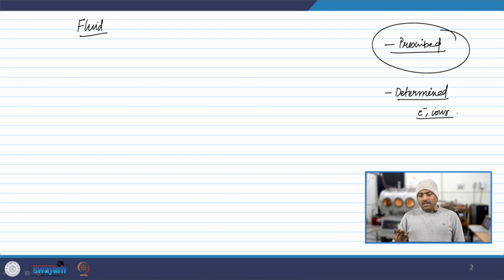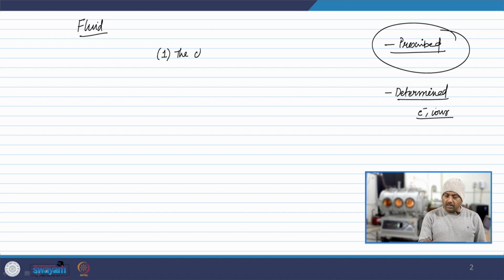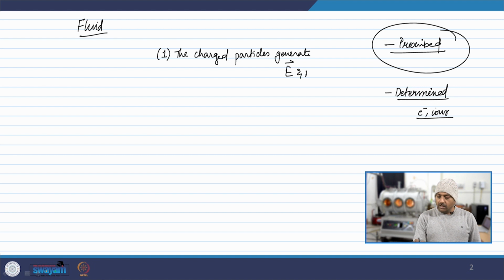Okay. So, that means that this problem of understanding plasma being a gas with charged particles needs to be self-consistent in two different ways. Okay. What are the two different ways? Let us say the first one is the charged particles generate electric field and magnetic field as they orbit, right.